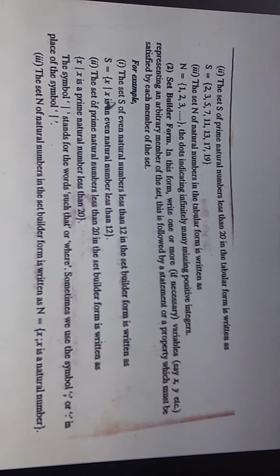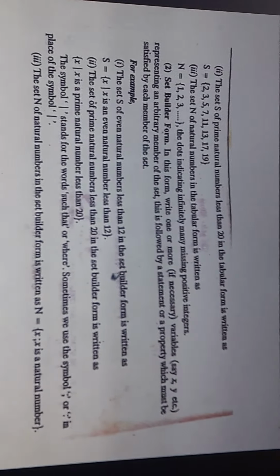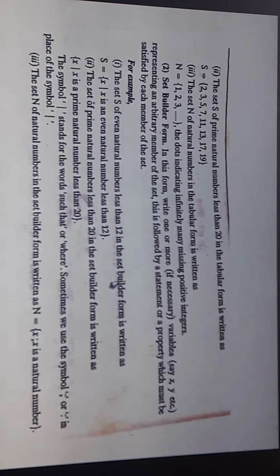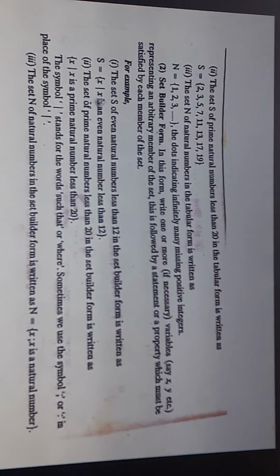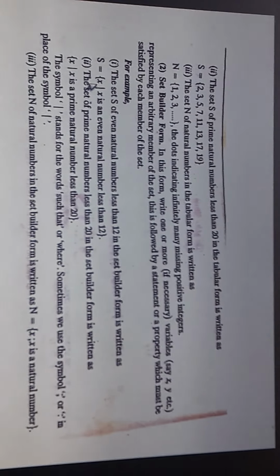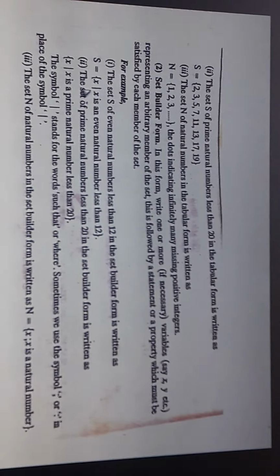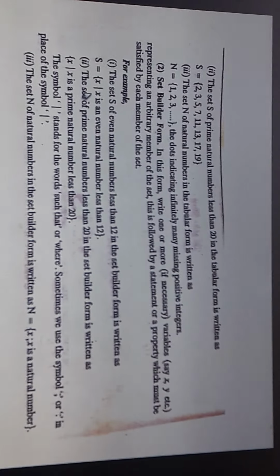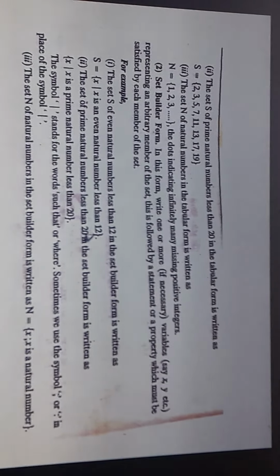The set S of even natural numbers less than 12 in set builder form is written as S = {x : x is an even natural number less than 12}, where the colon represents such that.